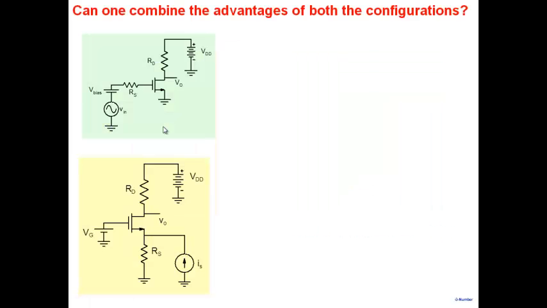So how are we going to combine both of them? We are looking upon common gate as a transconductance amplifier now, not as a voltage amplifier. And this, of course, is our normal common source amplifier. Now, if you think about it, this one, as I said, is a very good current to voltage.